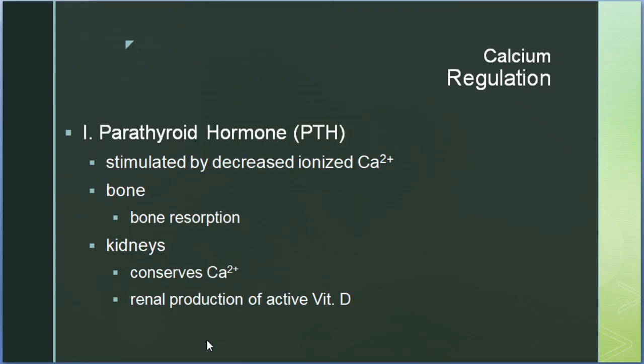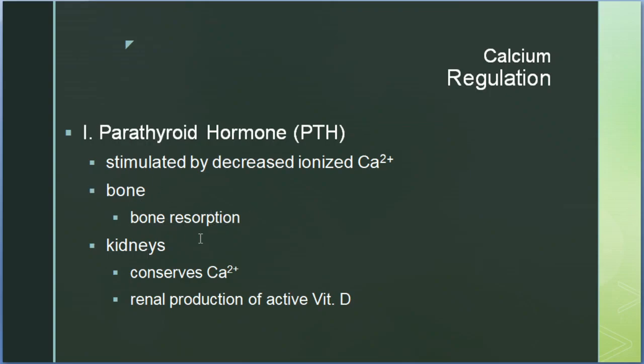So first, let's have a short review of your parathyroid hormone. Again, your parathyroid hormone is stimulated by decreased ionized calcium. So once there is a decreased level of your serum calcium, your PTH will be released. It has two important actions, in the bone and in the kidneys. In the bone, what does it do?